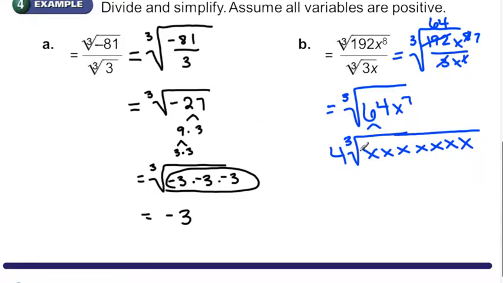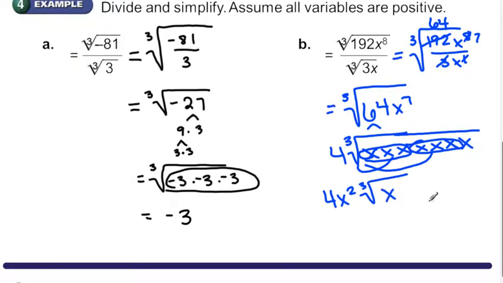So looking at this, cubic root, we want groups of 3. So we've got 1 group of 3, we've got 2 groups of 3, and then there's 1 left over. So we bring those x's out front, and we have 4x squared cubic root of a single x. And that is it. All right, let's go ahead and go on to the next one.